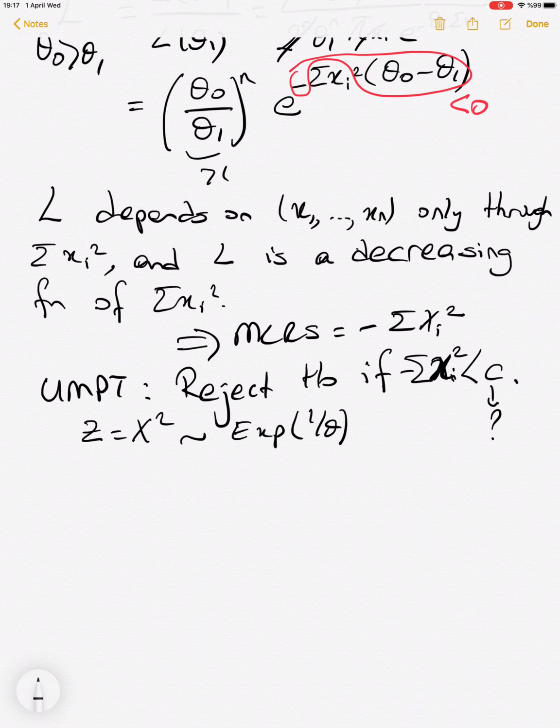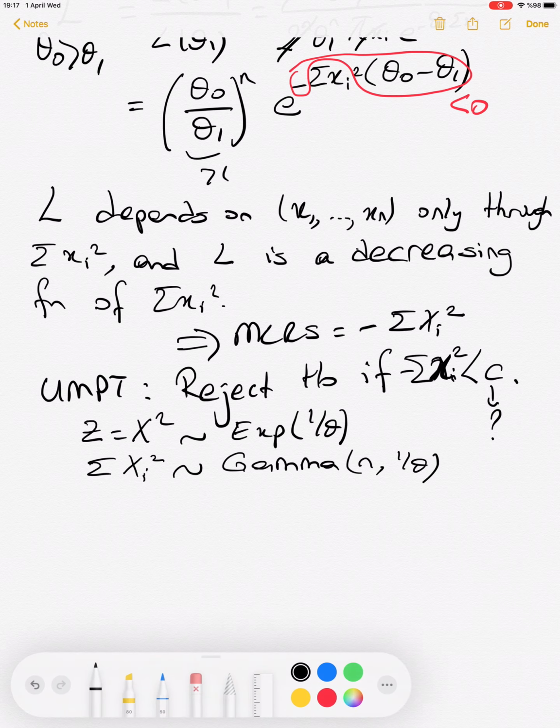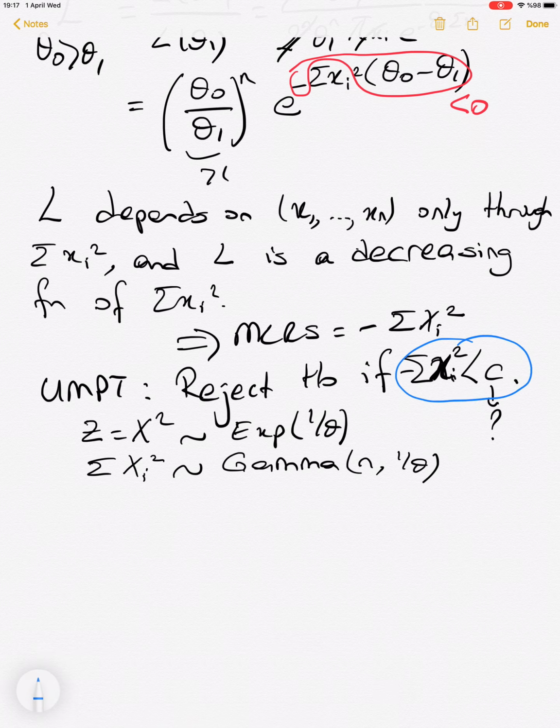And then when we consider summation xi square, then it should be gamma n and 1 over theta. Okay, so basically here the rejection region, we defined our rejection region as this, but this means that actually our rejection region is greater than minus c, or we can say, let's say d.